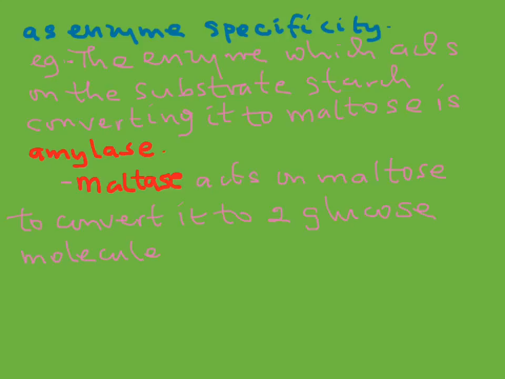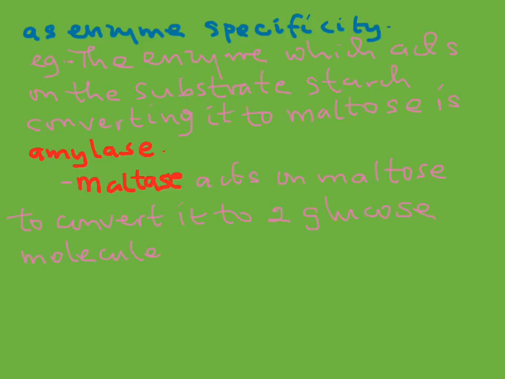Therefore, the enzyme amylase cannot catalyze another reaction. It is destined to convert starch to maltose. It can never convert another molecule which is not starch. That is where specificity comes into play.